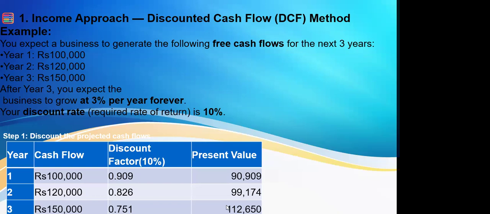Or expand market share. For example, Disney and Pixar. Disney you all know; Pixar is an animation company. Disney merged with Pixar to strengthen its animation division, combining Disney's marketing power with Pixar's creativity.